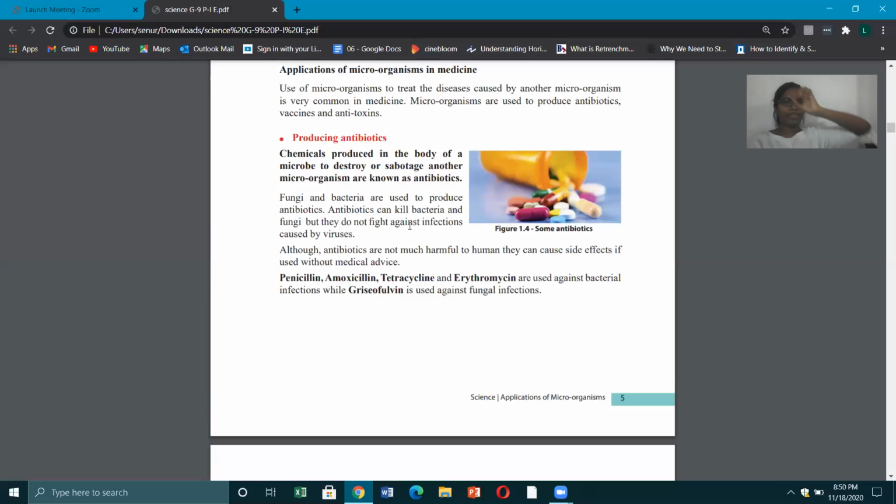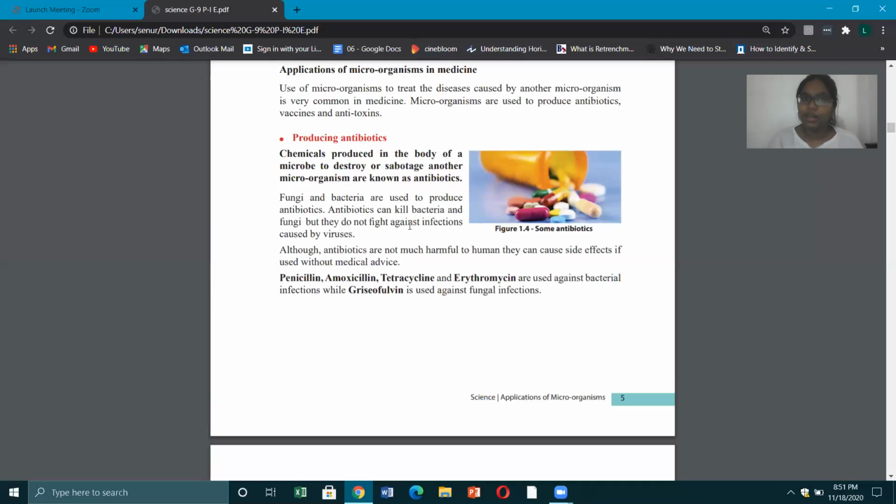Now there is going to be an antibiotic from bacteria A. Bacteria A's body chemicals, which are produced in this bacteria A, are used to destroy the microorganism that is causing disease inside my intestine. Okay, so that is how it is happening.